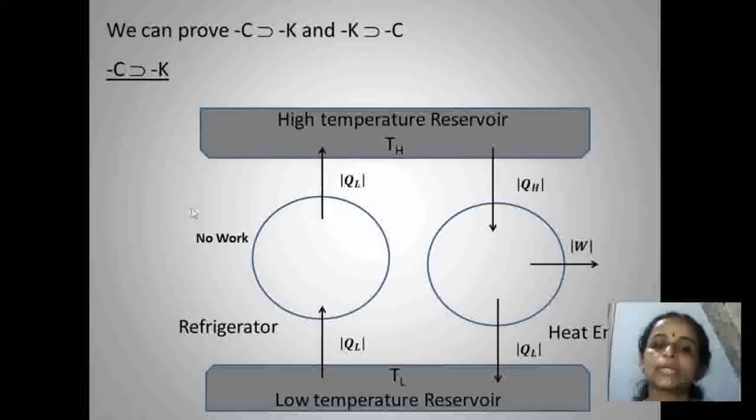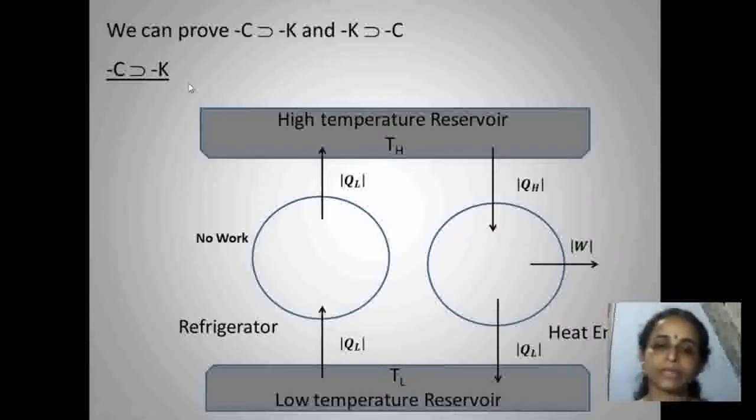We are not doing any external work on the system. So that is negative C that we are taking. We have to prove that if C is false, then the Kelvin-Planck statement also should be false, or wrong.